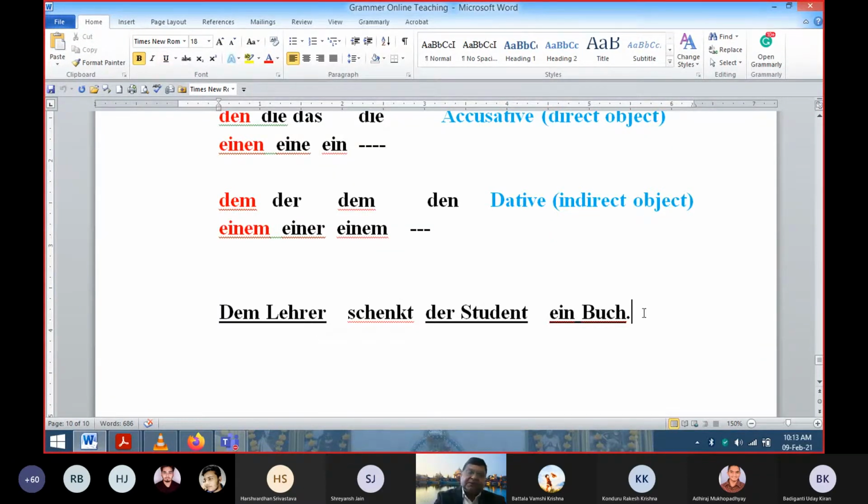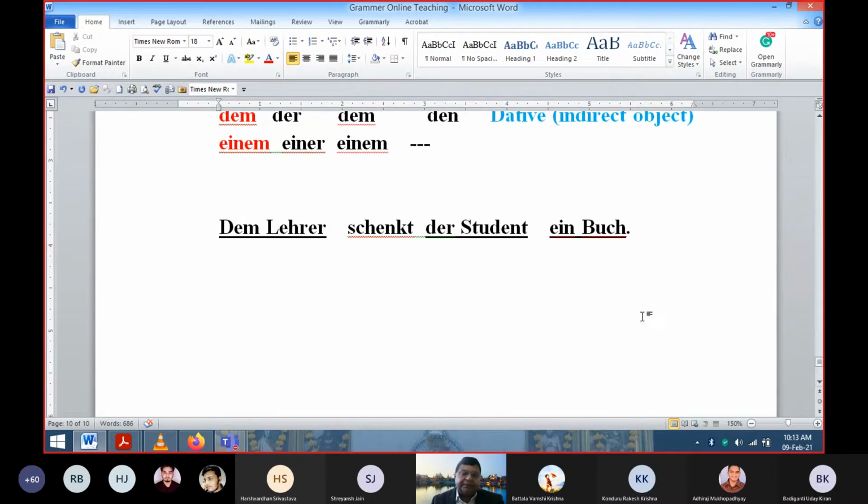Let me give some more examples. Here itself, suppose I write the original. Generally, we put the subject in the beginning.